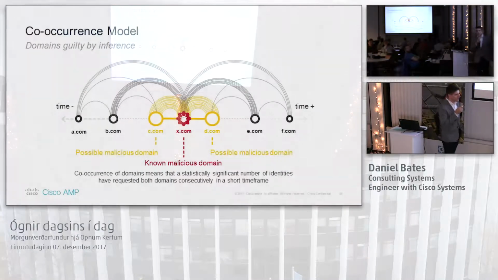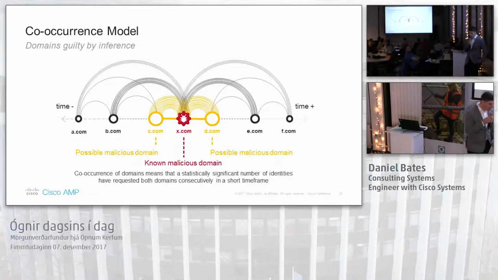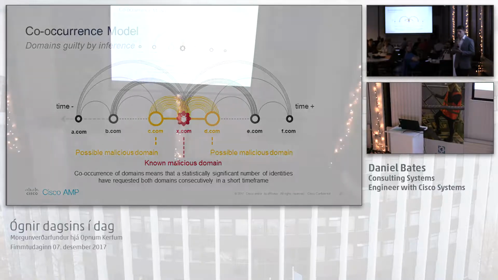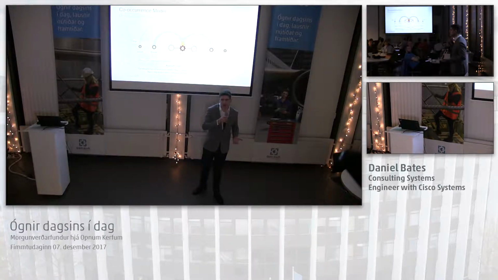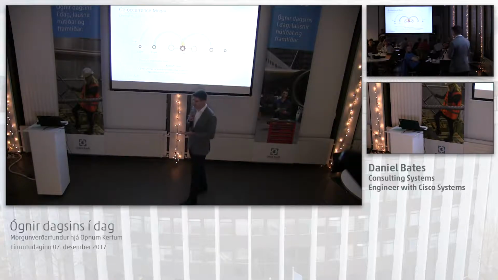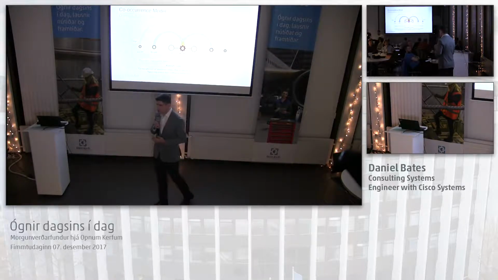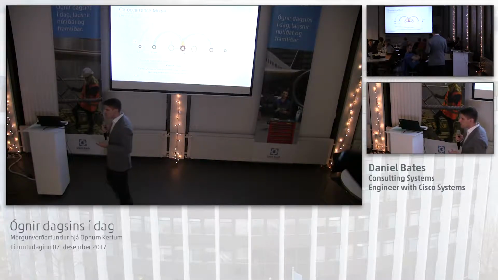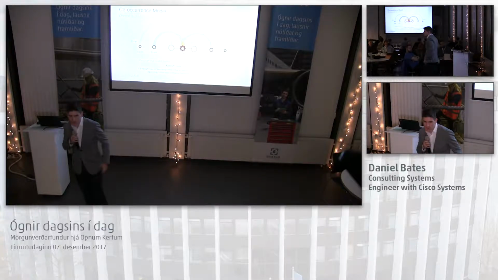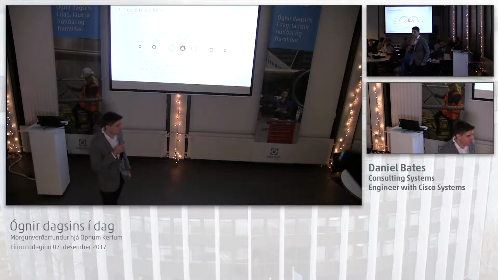So the first one is called co-occurrence. And this is looking at the relationship between domains that you request. So let's say that you load up a shopping website and it might have some advertisements on it. Your browser is going to resolve the first website, the parent domain, and then it's going to resolve the advertising domains as well to display the advertisements to you, because they're going to be hosted on different servers.